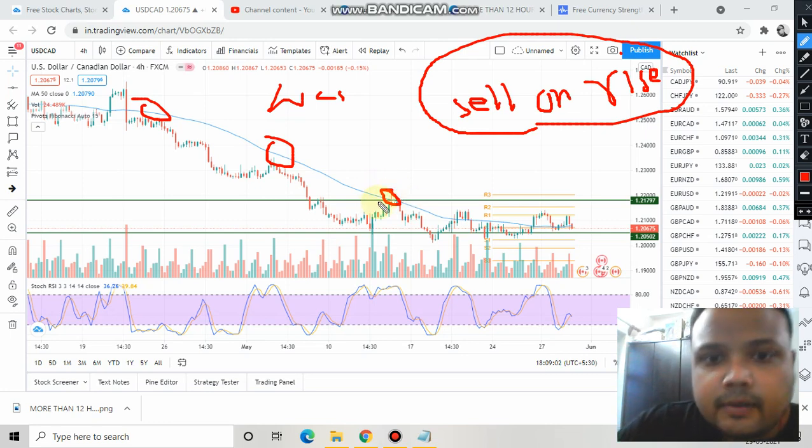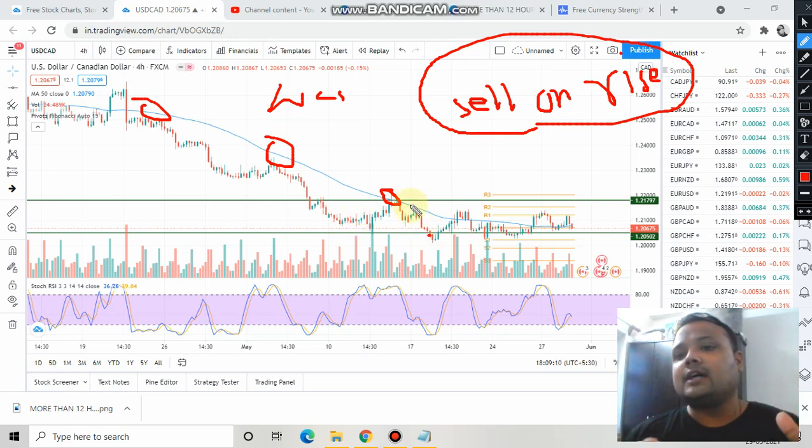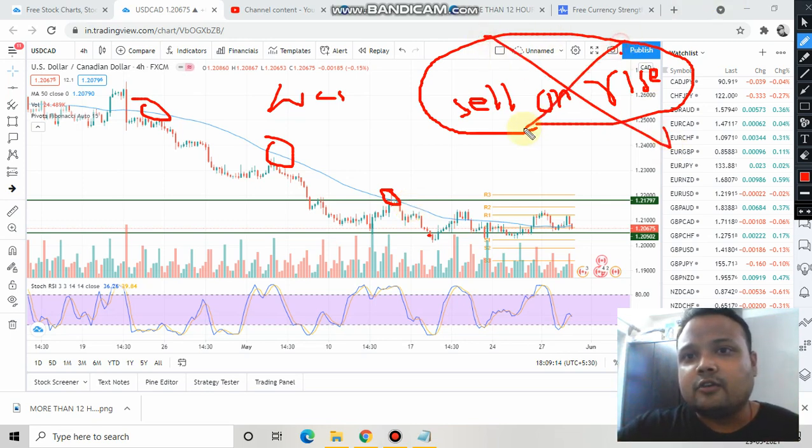Because when market was trading in this range, I told you that things are about to change. And if you look at the chart, you can see that the market is no more a sell on rise market. Rather, market has started trading in a range right now. Market is in a tight range.